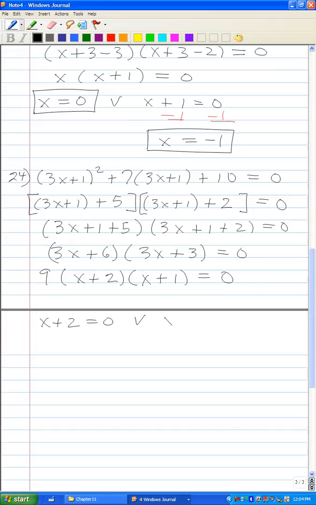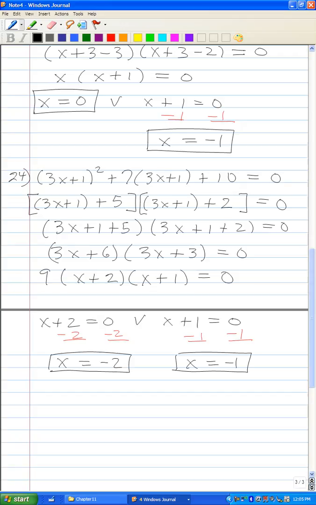and solve for x. Subtract 2, subtract 1. So x is equal to negative 2, x is equal to negative 1. I actually did not need to factor out the 3 from each of these factors.